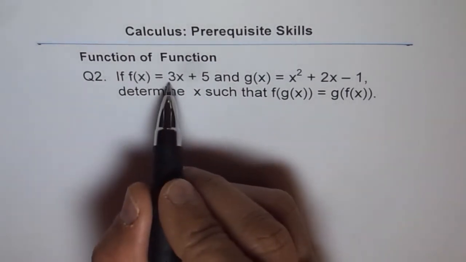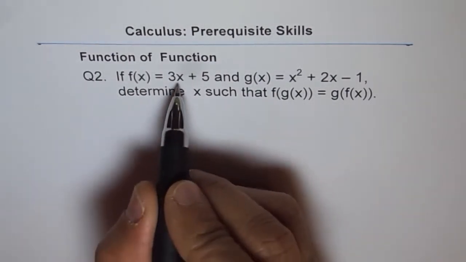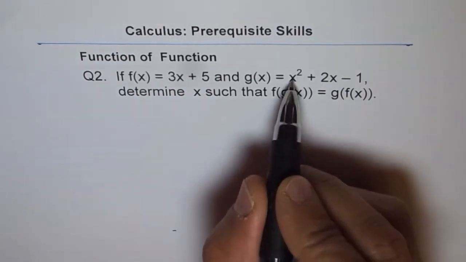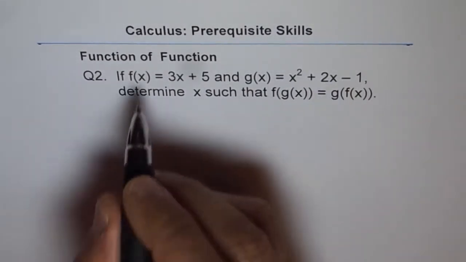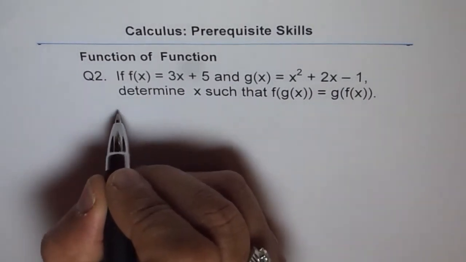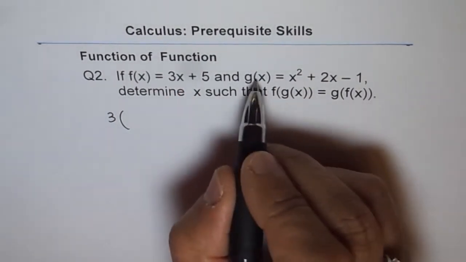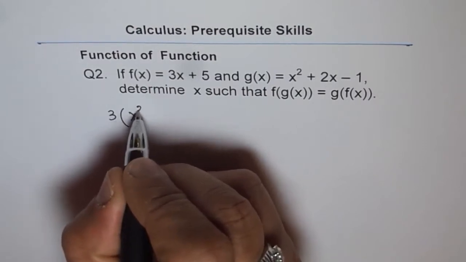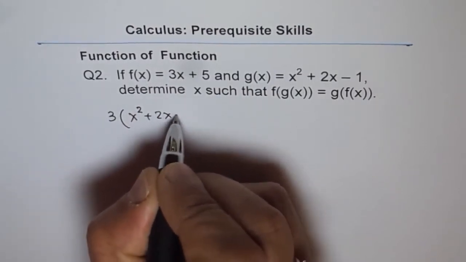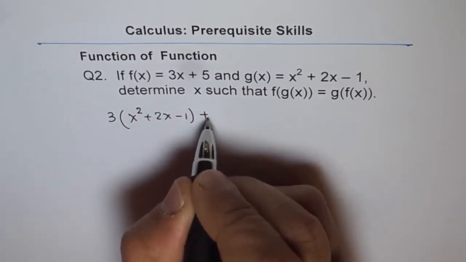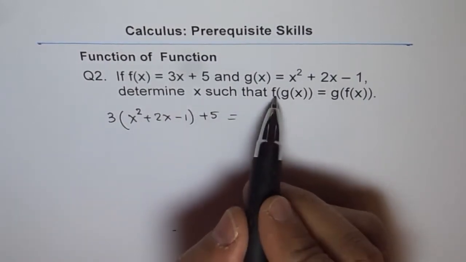That means f is 3x plus 5. We'll replace this x with all this. So f of g of x will be 3 times, instead of x, we'll write g of x, which is x squared plus 2x minus 1, plus 5. So this part is f of g of x.